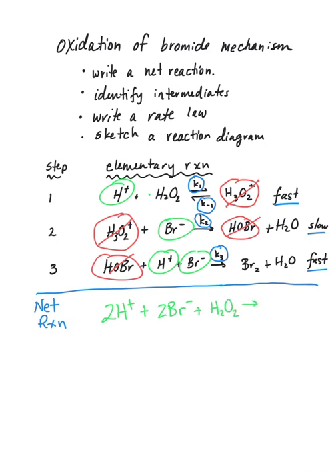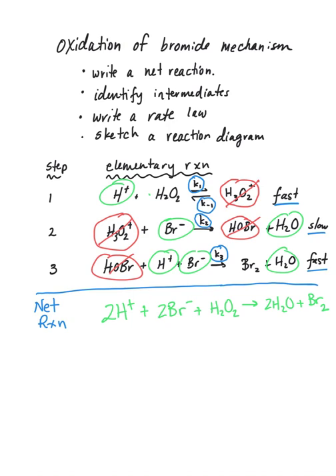On the right-hand side of our reaction, we have 2 water molecules and molecular bromine. Here's our overall reaction that represents these mechanistic steps. The substances H3O2 plus and HOBr were produced in elementary steps of this reaction mechanism and later consumed or used up in subsequent steps.